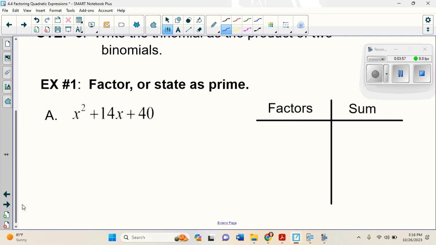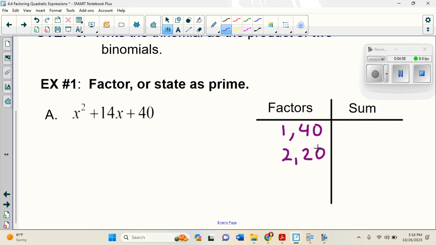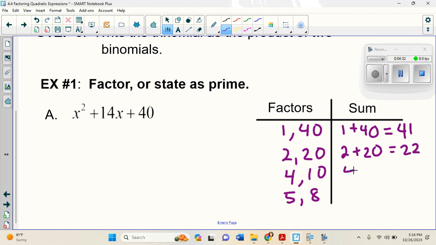So what we're going to do is find the factors of 40 that add up, and we're just going to look at all the factors. So 1 and 40, 2 and 20, 3 is not divisible into 40, but 4 is. 4 goes into 40 10 times, 5 goes into 40 8 times, and vice versa. So we're not going to name the ones where it just reverses the order. 1 plus 40 is 41. 2 plus 20 gives me 22. 4 plus 10 is 14.